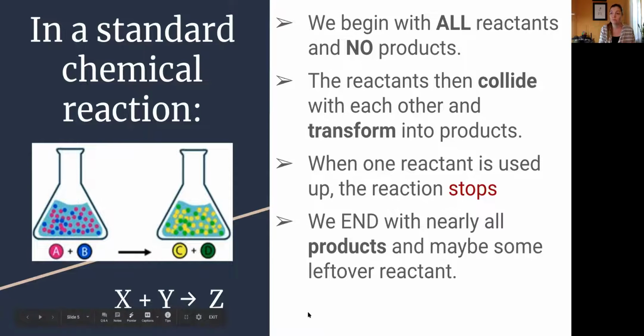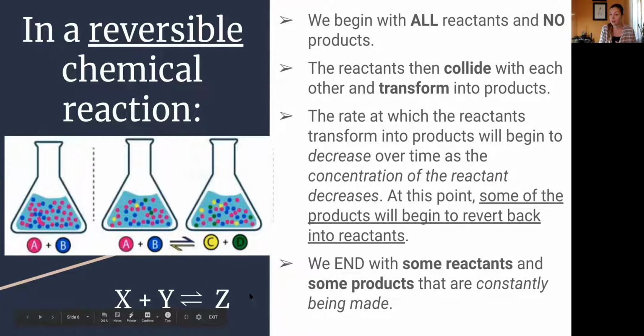We're done. In a reversible reaction, this new type of reaction, we still begin with all reactants and no products. The reactants then collide with each other to form products, same as before, but this is where it's different. The rate at which reactants transform into products, so how fast we're making products, will begin to slow down.